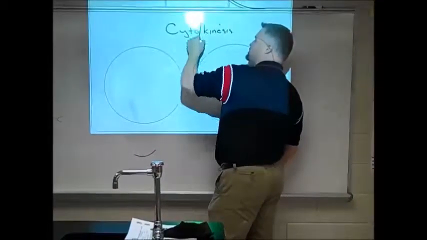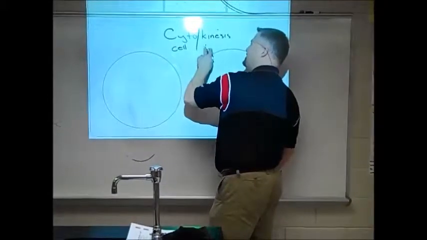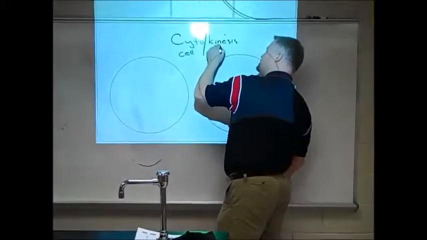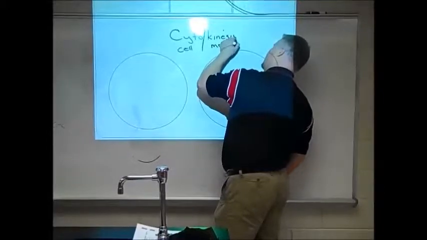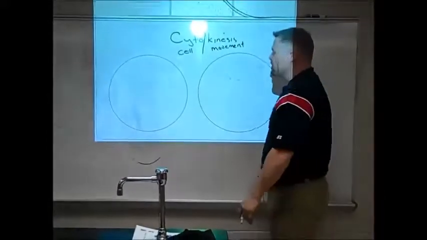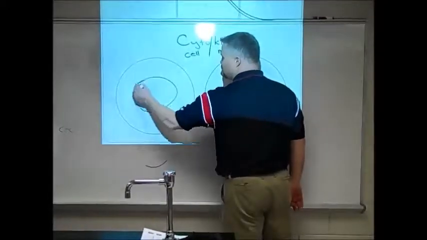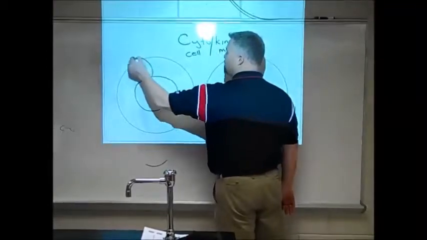If you break this word in half, cyto is referring to the cell, and kinesis is talking about movement. Really, what's happening here is the cells are just splitting apart. You're dividing the cytoplasm. And so your key points: your nucleus returns, it's fully formed.